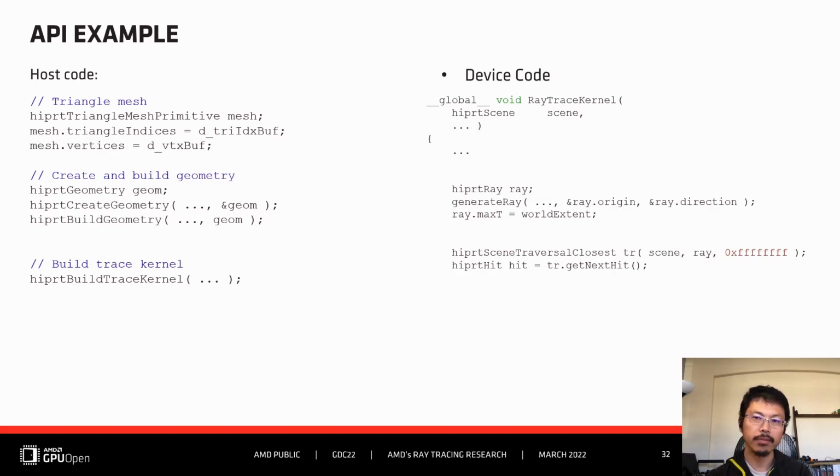Then when you call get next hit in the next line, it is going to find and return the next hit, which you can use for the next step. For example, if you are writing a path tracer, you can use it for shading. As this is a closest hit operation, the hit returned by this function is the only hit it returns. We also have any hit, which returns a hit found during the traversal.